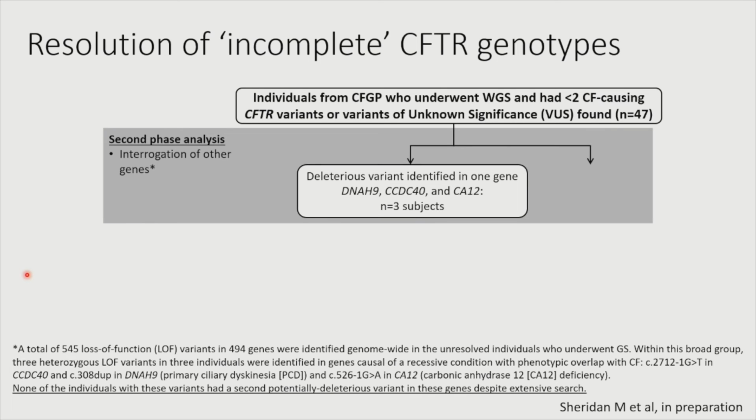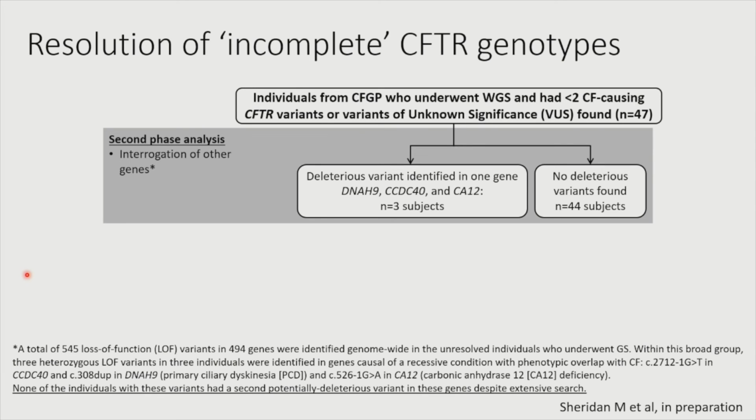Our lab had reported years ago that variants in that gene can cause a CF-like phenotype. But despite that extensive search, none of these individuals had a variant in the second gene. So they really only had a single variant, and they're probably just carriers of a change in these genes. So we couldn't really resolve them. At this point, despite having the genome sequence available, we could resolve these cases, but we're left with the rest of them.